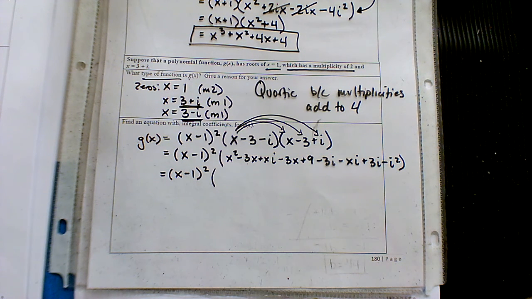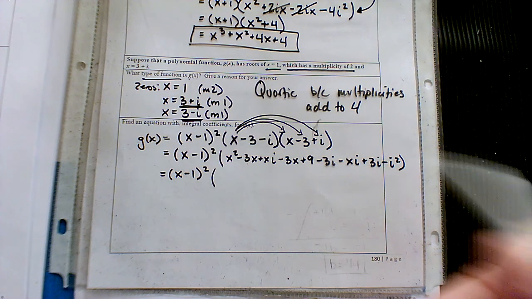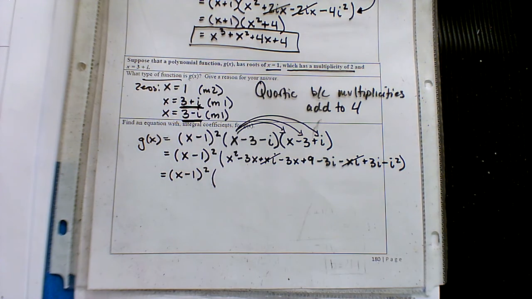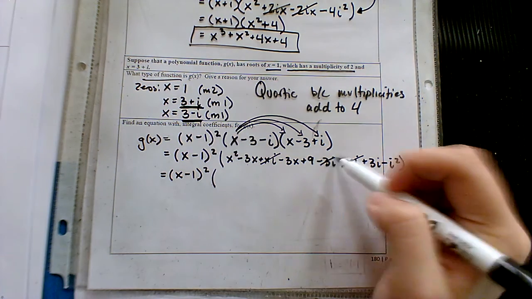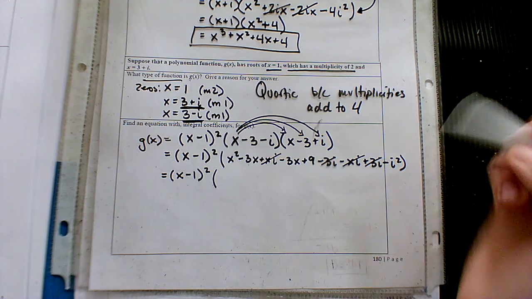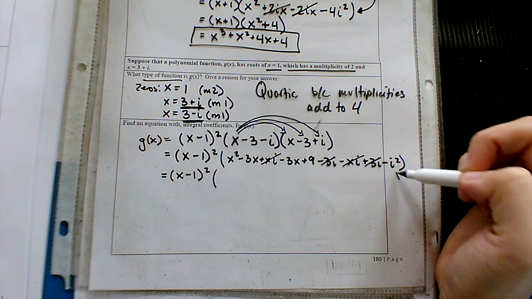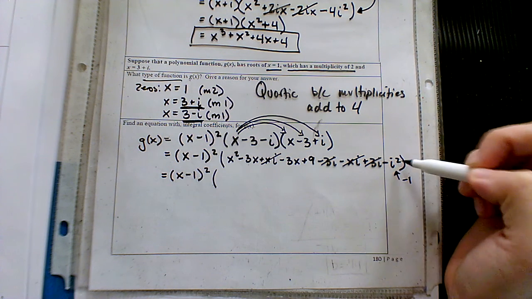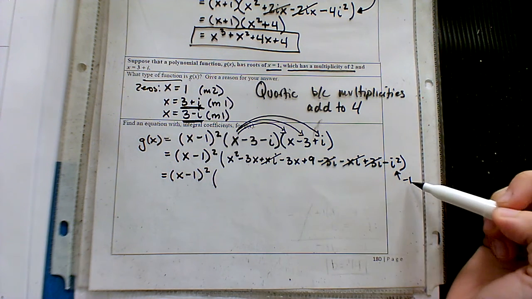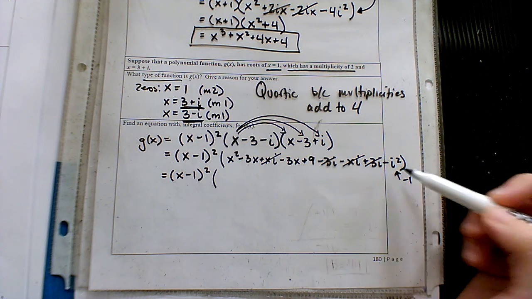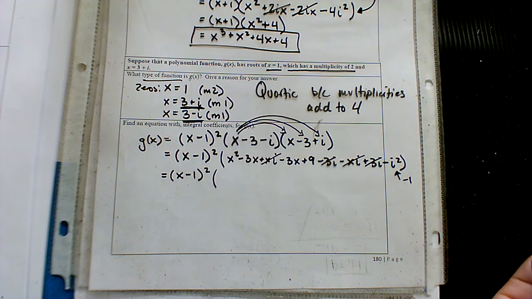Good, Olivia? All right, positive xi, negative xi, gone. Negative 3i, positive 3i, gone. Okay, so if i squared becomes negative 1, and we have the negative out front initially, that double negative would change to a positive.